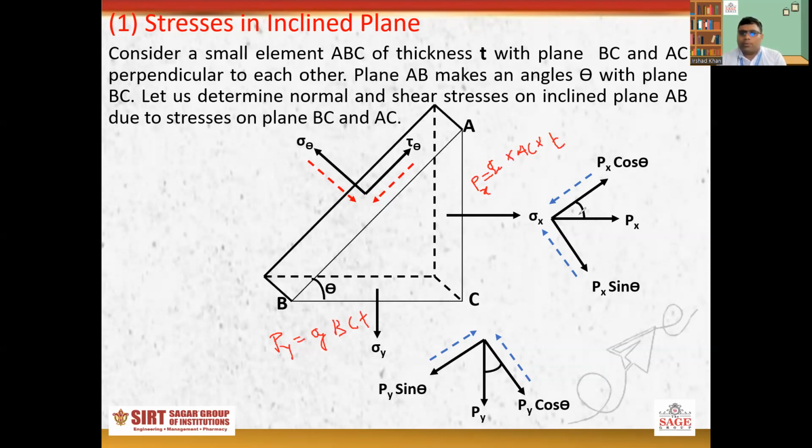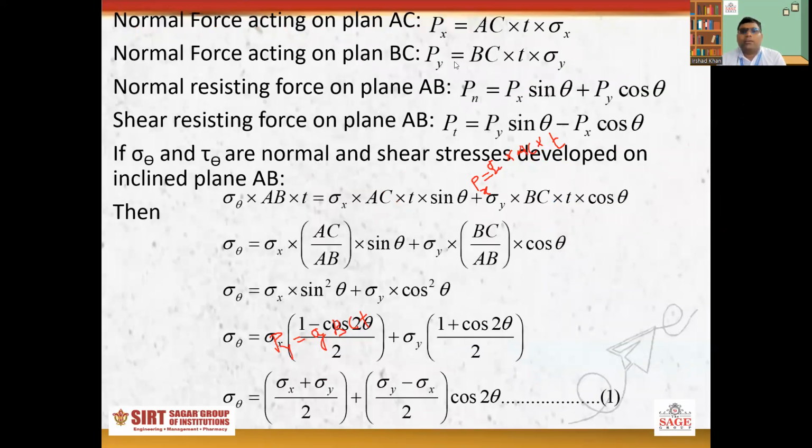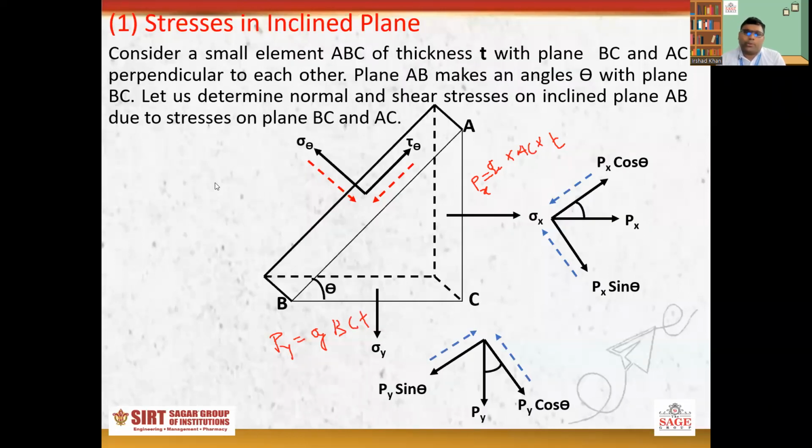And now we can calculate the normal resisting force acting on plane AB. In this direction, Py cos theta component is acting perpendicular to this plane AB, and the other component Px sin theta is in the opposite direction.